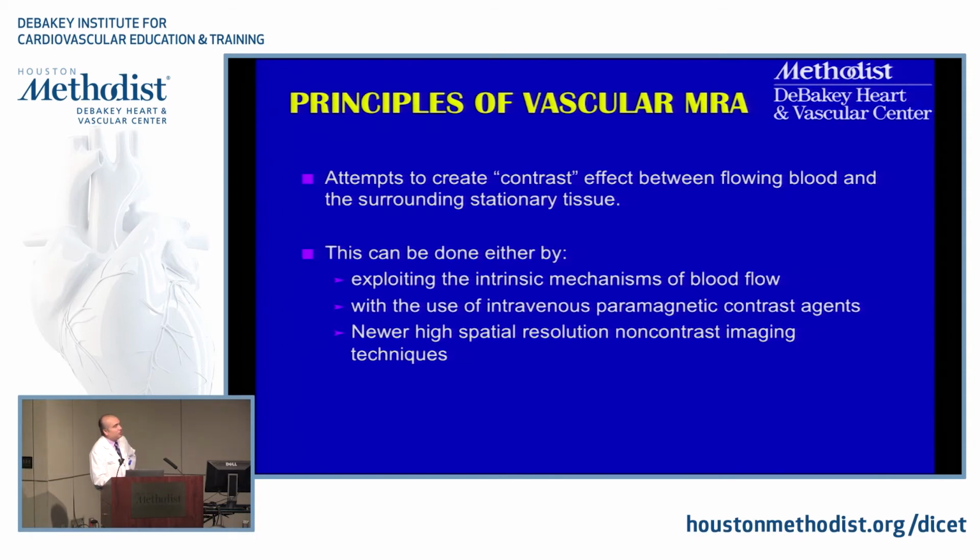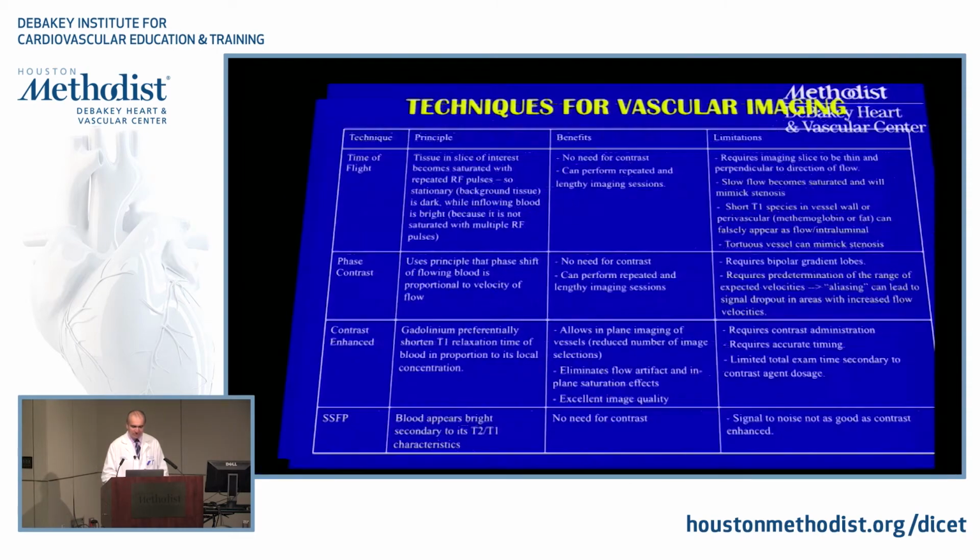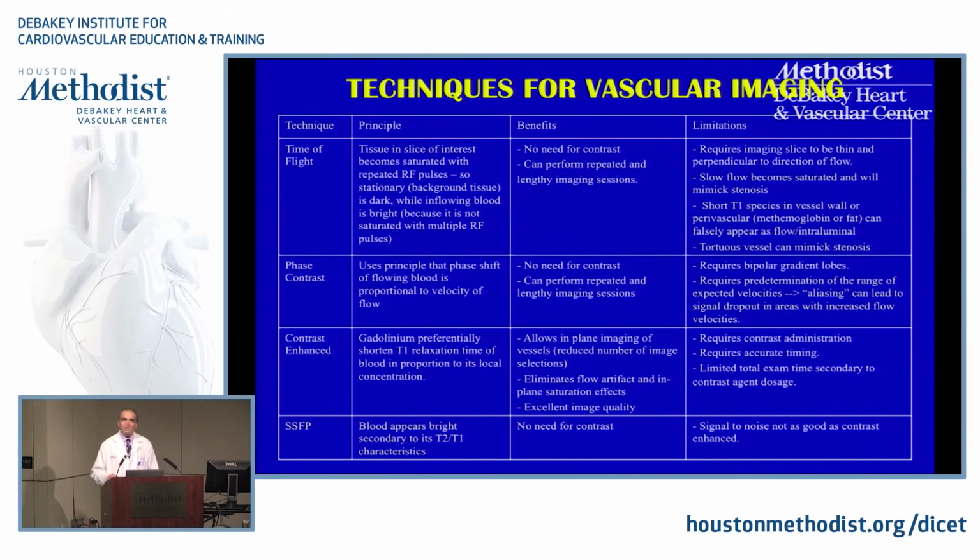But the one that we're going to use most commonly is by giving intravenous paramagnetic contrast agents, which allow the blood vessel, which has blood flowing within it, to have differing T1 properties than tissues outside of the vessel. And then, in addition to that, we have now some newer non-contrast-based techniques that we can utilize as well in patients that we're not able to give any contrast agents to.